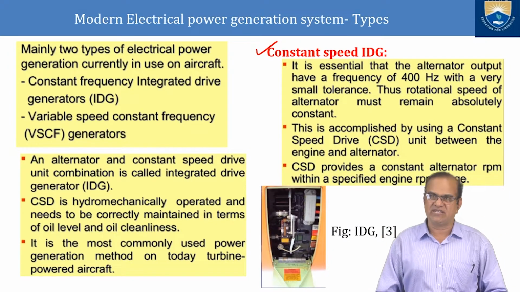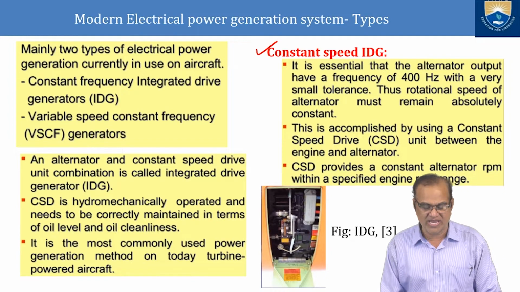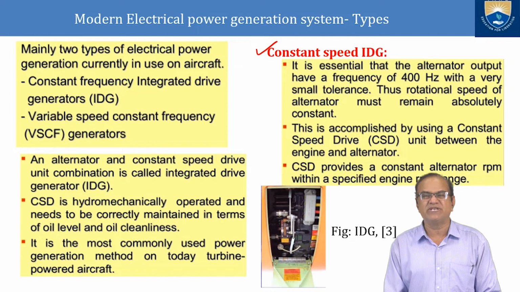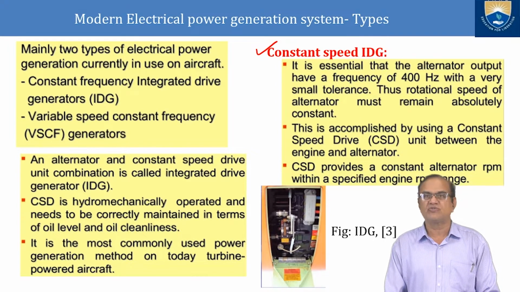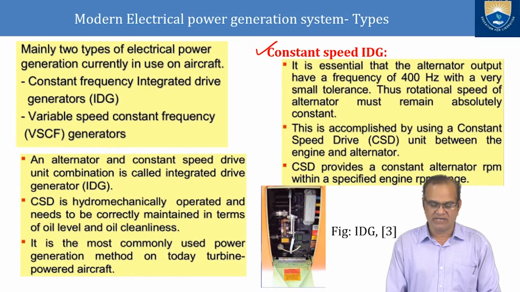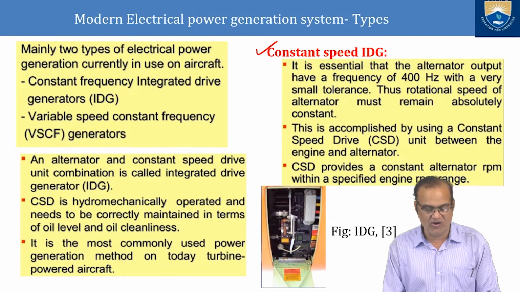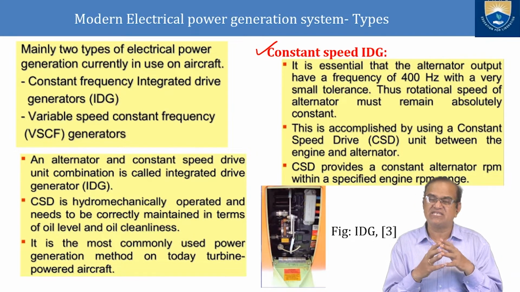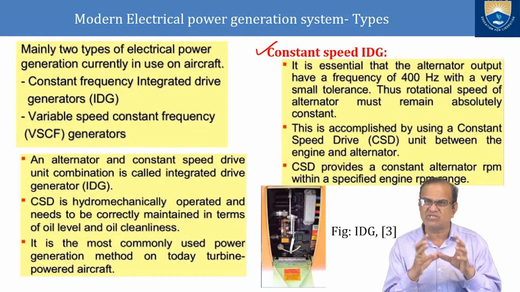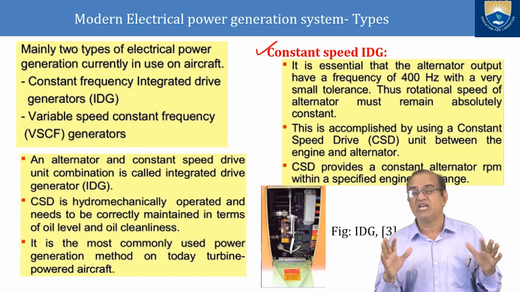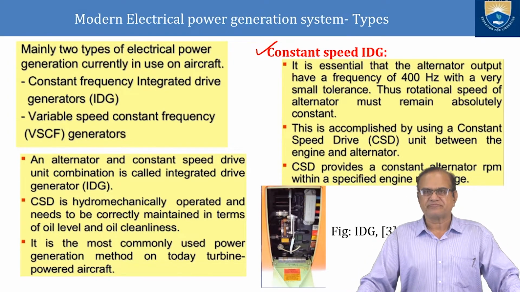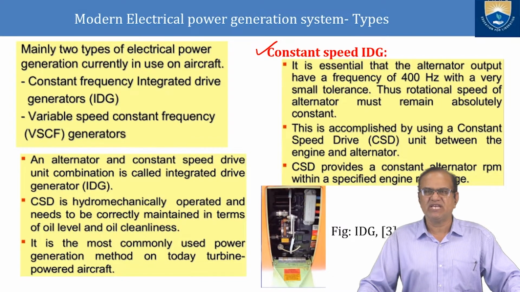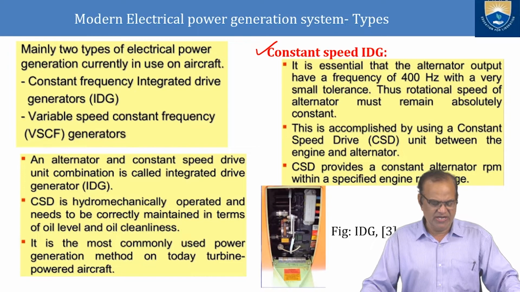integrated drive generator. CSD is hydromechanically operated. So what is this constant speed drive? It is hydromechanically operated and needs to be maintained in terms of oil level and oil cleanliness. Inside, the oil level should be right, and the oil should be very clean and pure. Then only it will be able to maintain a constant speed. It is the most commonly used power generation method on today's turbine powered aircraft.